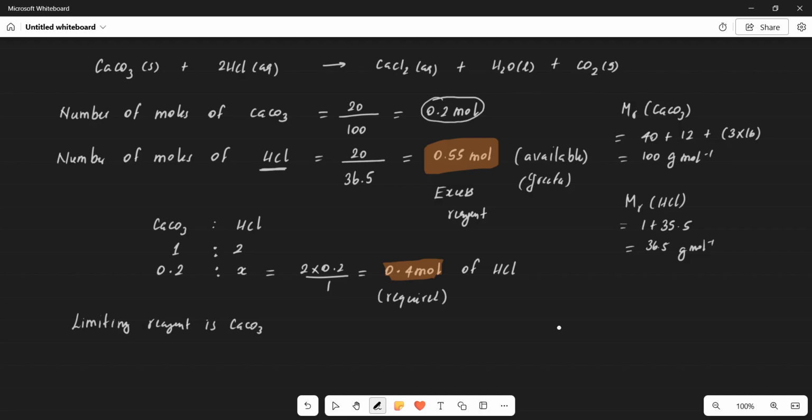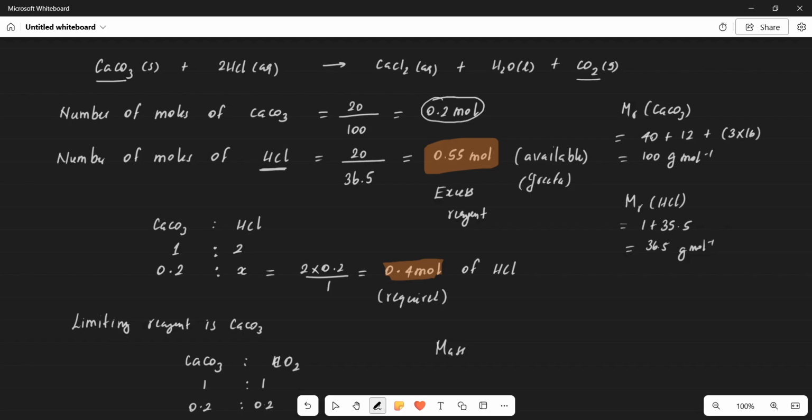So when I consider calcium carbonate 0.2 moles, again I am going to take the ratio to calculate the mass of carbon dioxide produced. Calcium carbonate is to CO2: 1 mole of calcium carbonate gives 1 mole of carbon dioxide. So 1 is to 1, and 0.2 will be the same, 0.2 moles.